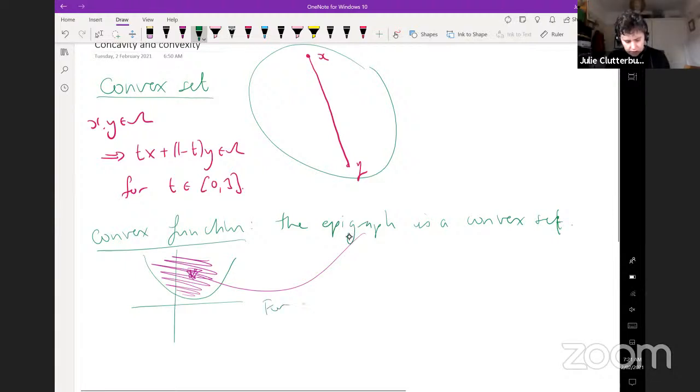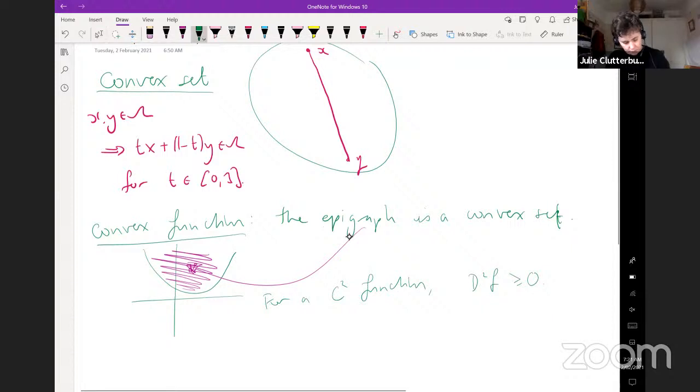So for a C2 function, we say this is convex when the Hessian is positive semi-definite. And we also have concave functions.